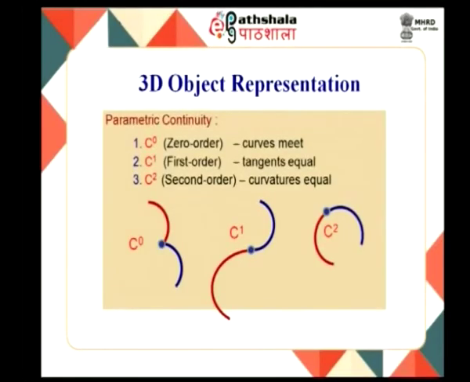When two curves satisfy C squared continuity, they are joining very smoothly at the boundary, and the curvatures of the two curve sections at the boundary will be equal, where curvature here means the second derivative. So you take the second derivative of the two curve sections at the boundary, and if they are equal, we say that the curvatures are equal, and we feel as if the two curves do not come from two different families, but belong to one single family of curves. So they gel very smoothly at the boundary.